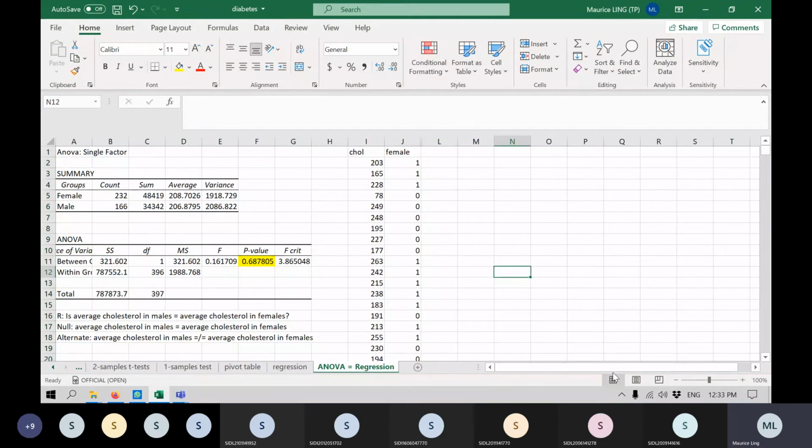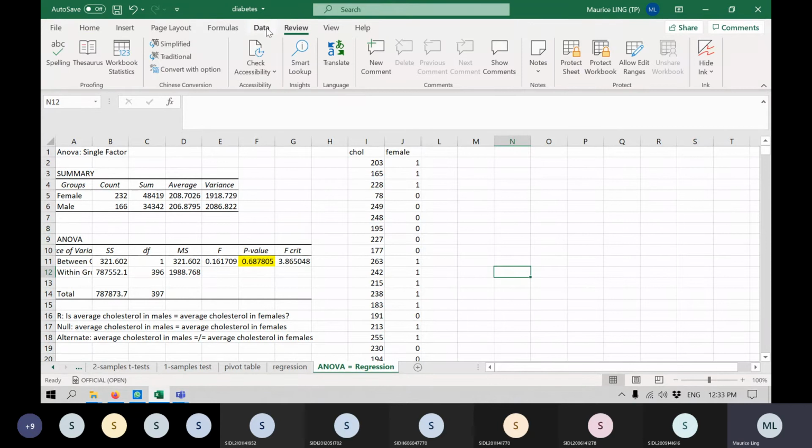And I do a regression. Let me just show you how I do a regression first.